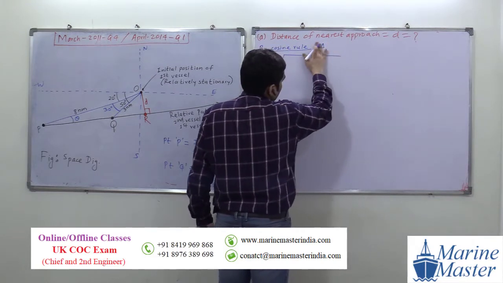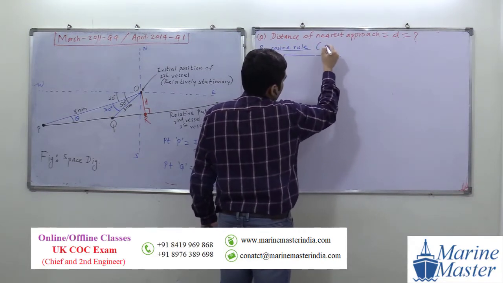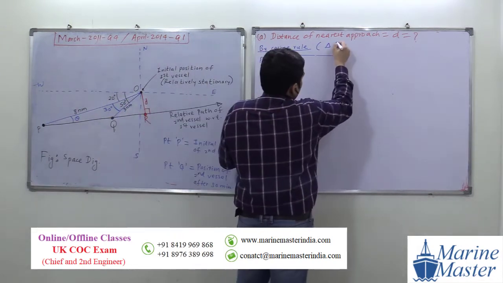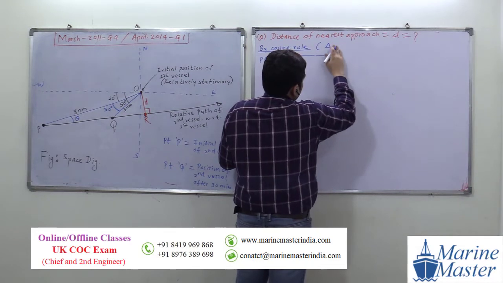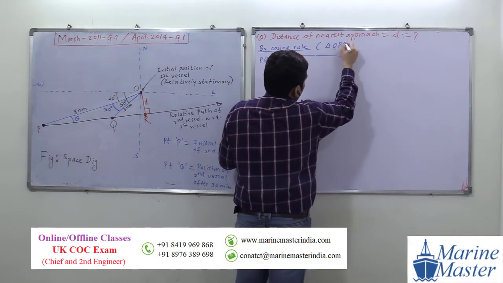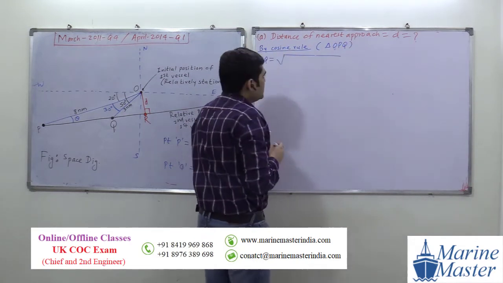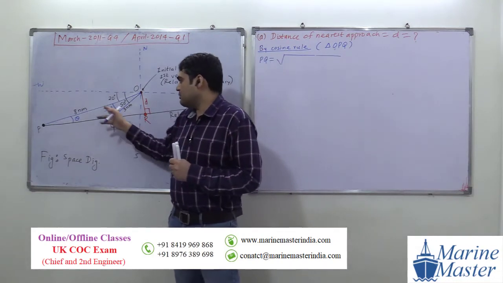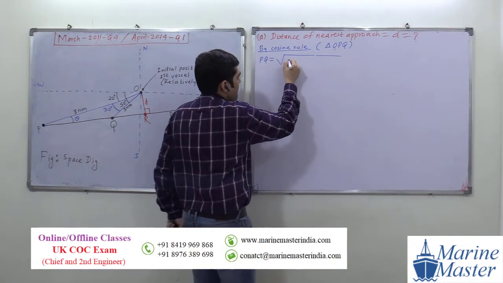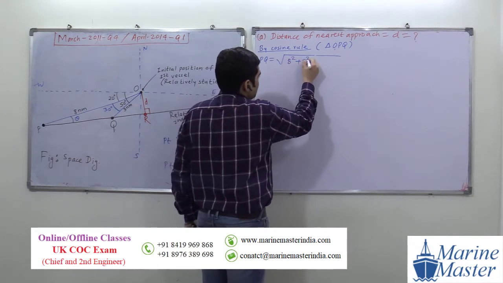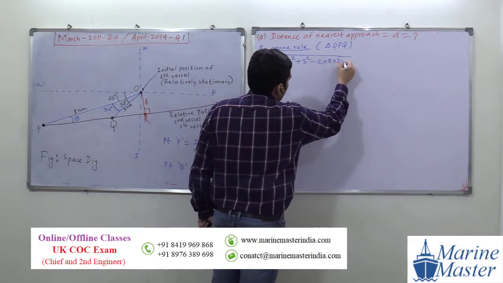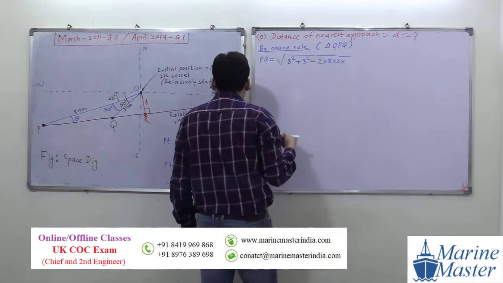This symbol means triangle. We are considering OPQ, so that you get it during the revision. Triangle OPQ. So PQ is equal to under root of 8 square plus 3 square minus 2 into 8 into 3 into cos of 30.